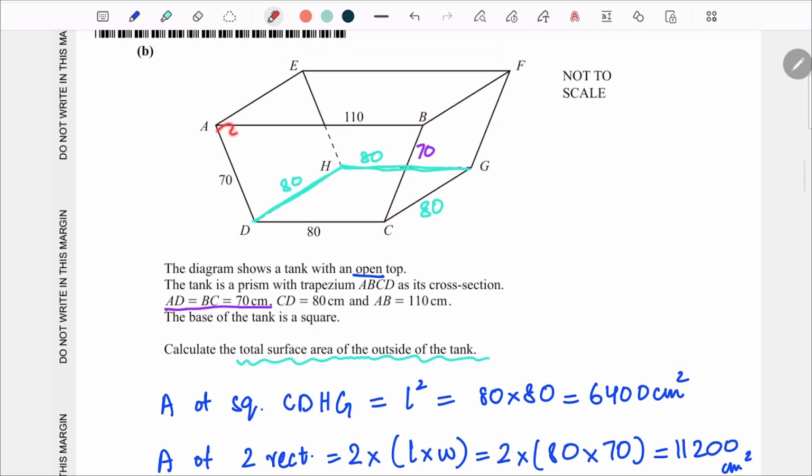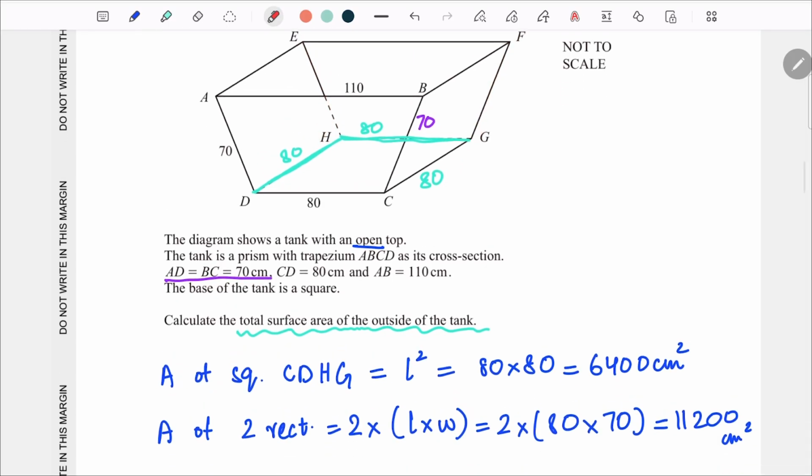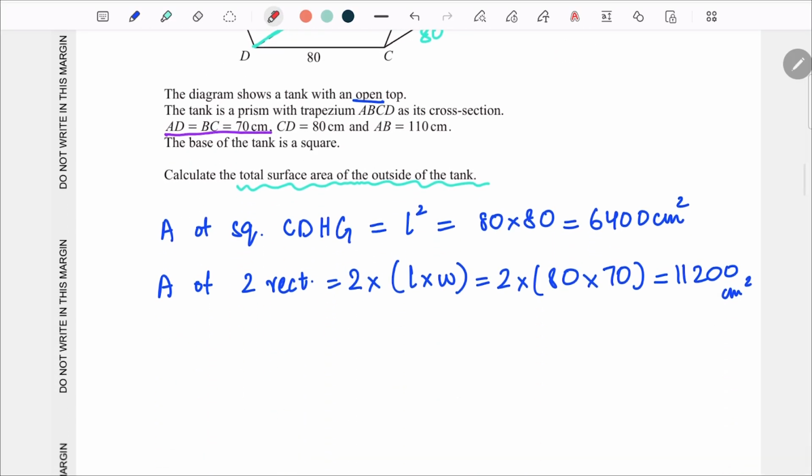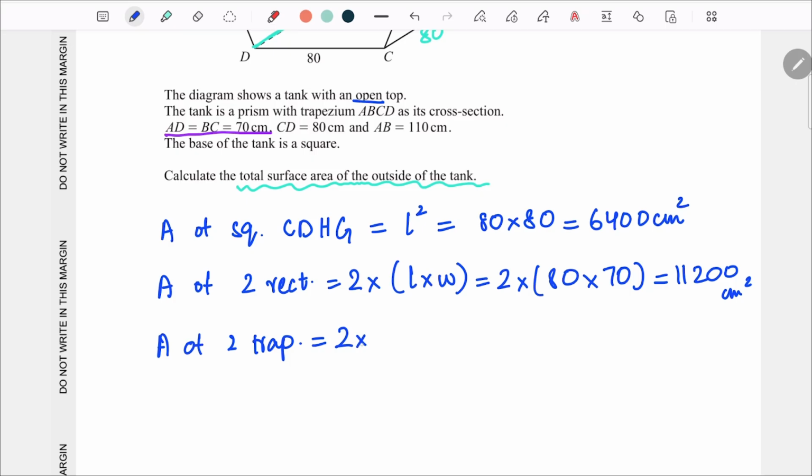Now I'm going to find the area of the cross sections, that is ABCD and EHGF. Both of these are identical trapeziums. So I'm going to find the area of a trapezium and multiply it by 2. That is 2 times the area of a trapezium, which is half times the sum of parallel sides times height.